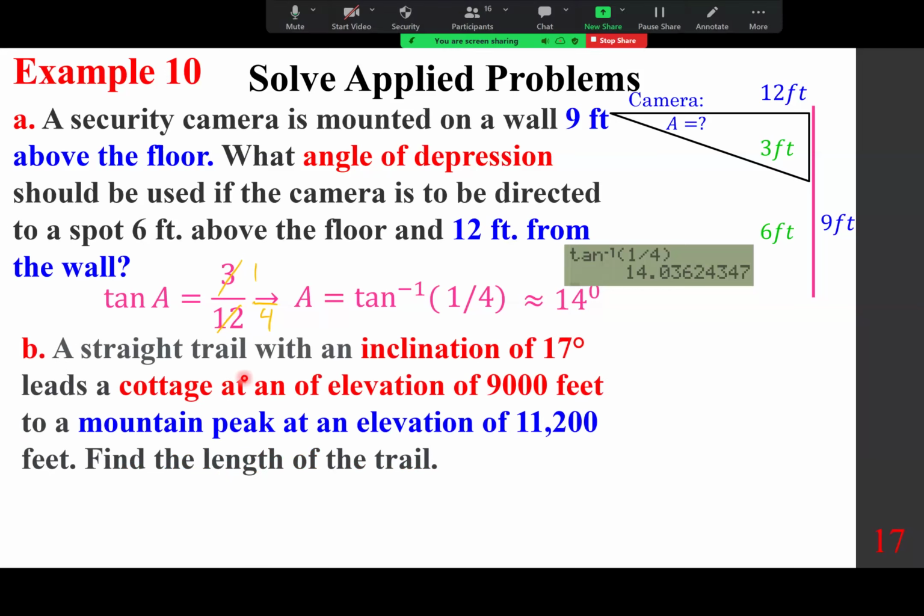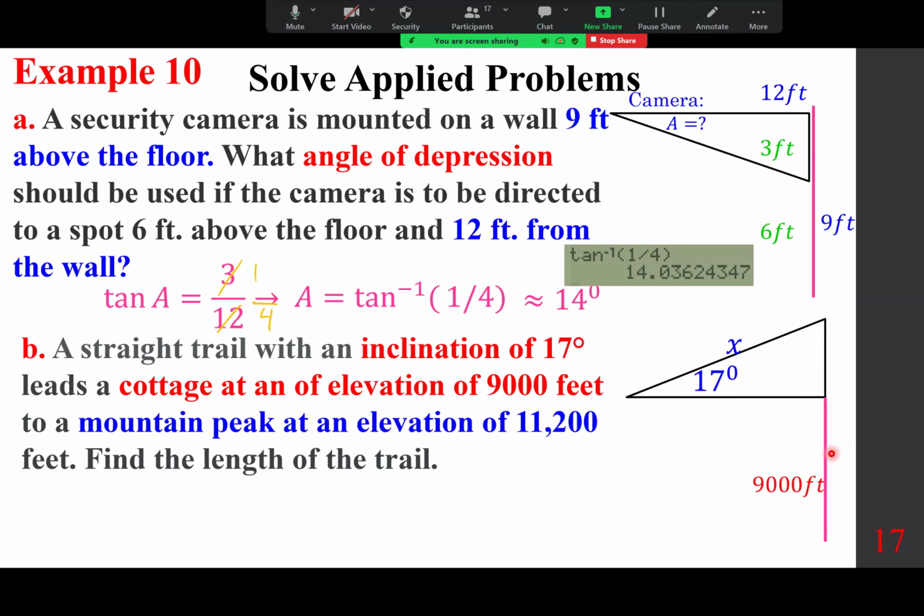A straight trail with an inclination of 17 degrees leads from a cottage at an elevation of 9,000 feet to a mountain peak at an elevation of 11,200 feet. Find the length of the trail. So here's the trail. This is X that we are looking for. This is the angle, 17 degrees.